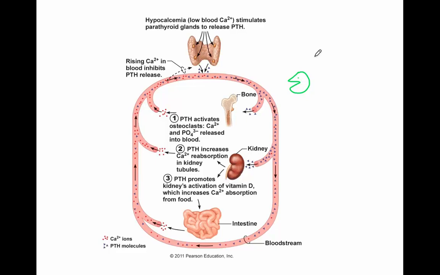And so he comes in and chomps, releases some enzymes, and therefore releases the calcium that has been stored in your bone. So that's your first step, is go and get it from the bone where it's been stored, thankfully by your calcitonin. The other thing it can do is it can say, hey, kidneys, instead of peeing out all that extra calcium, can you resorb a little bit more for me? And the third thing is to actually have your intestine, your small intestine here, reabsorb more calcium from your food.